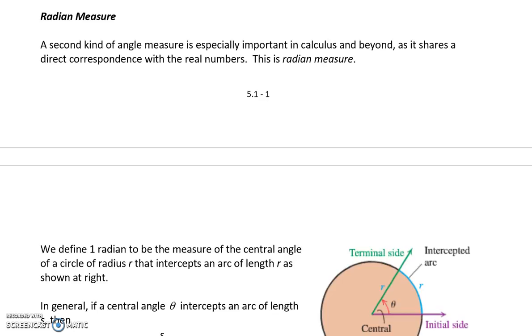And what this allows us to do then is to define the trigonometric functions as functions not only of angles but of real numbers. And it's radian measure that allows us to do that. So let's gain a little bit of familiarity with radian measure as well.